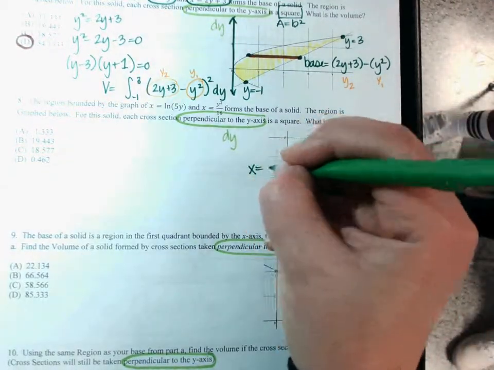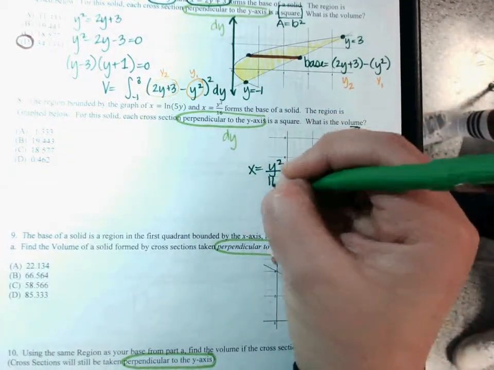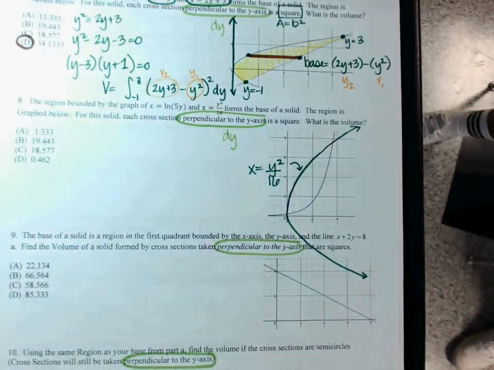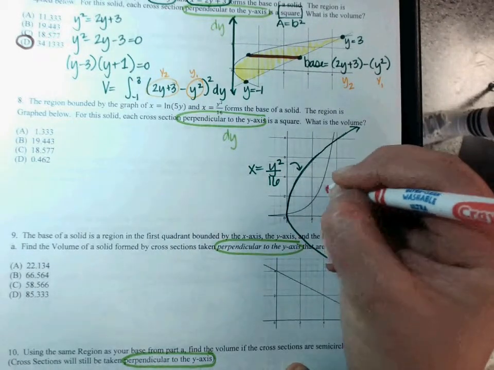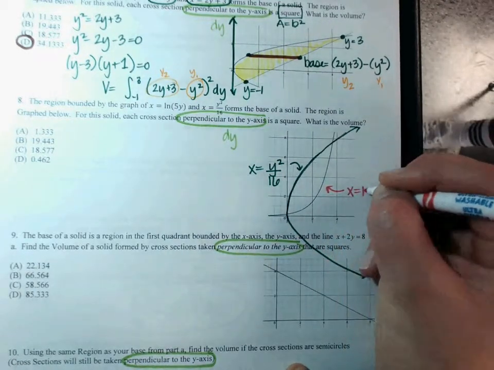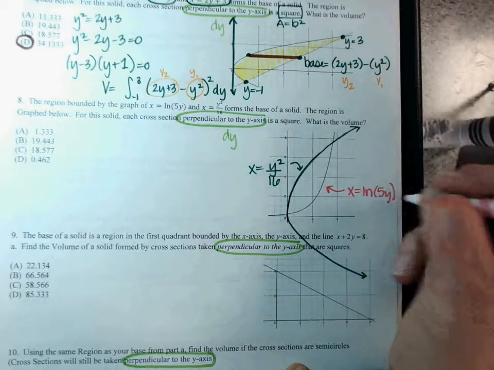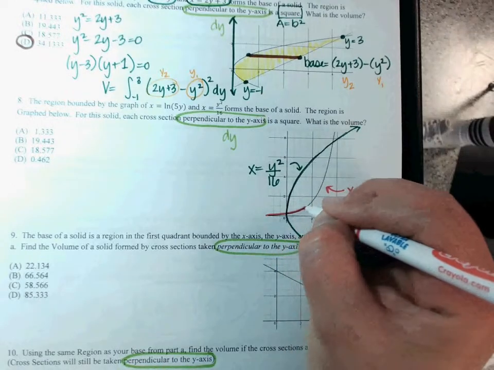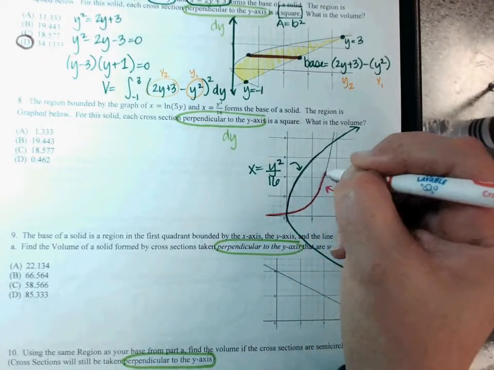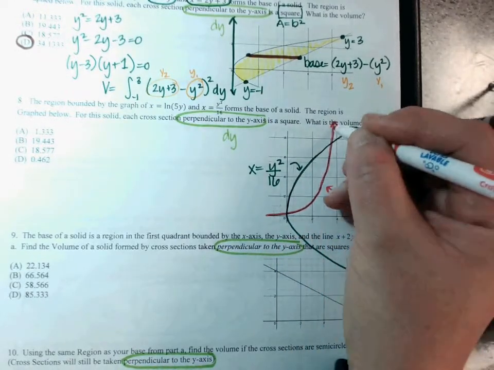X equals y squared over 16. Okay, and then the other one is going to have to be your ln graph, which is this one here. So that's x equals ln 5y.